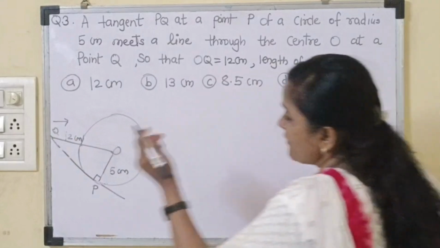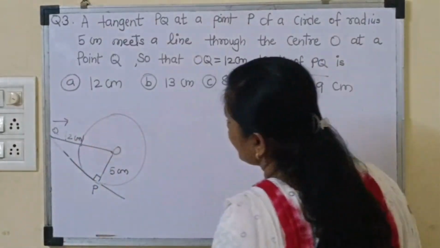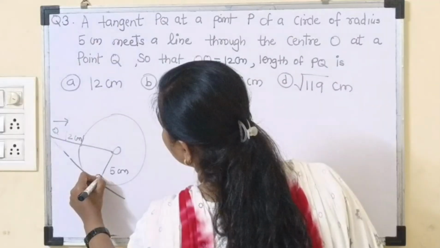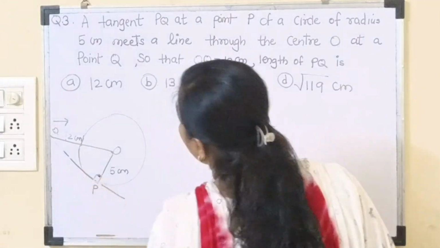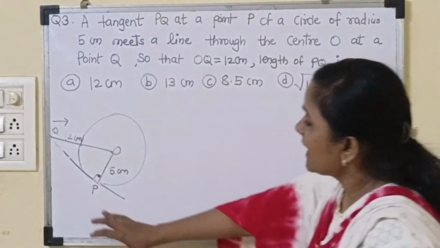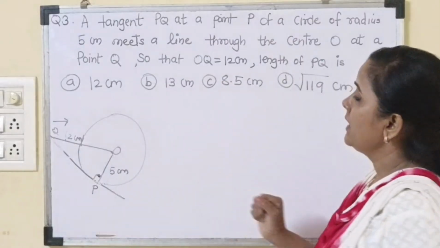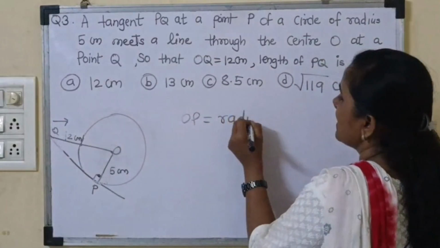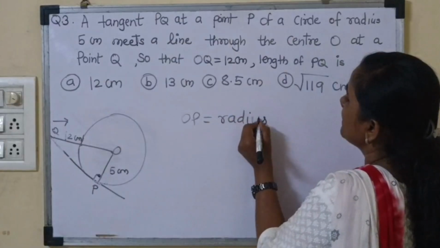Look at this diagram very carefully. There is a triangle, and there is a 90-degree angle. Now see, OP is our radius and it is 5 centimeter.